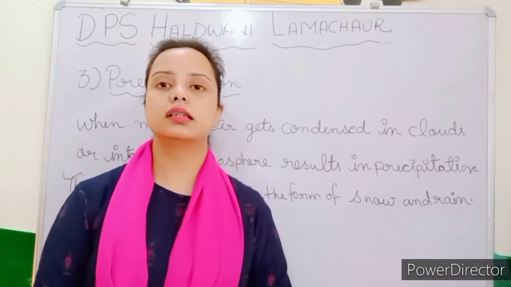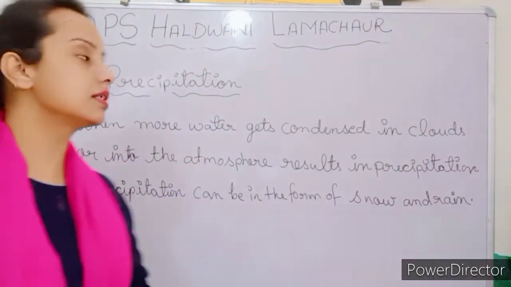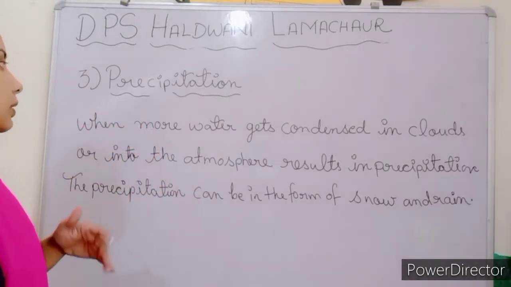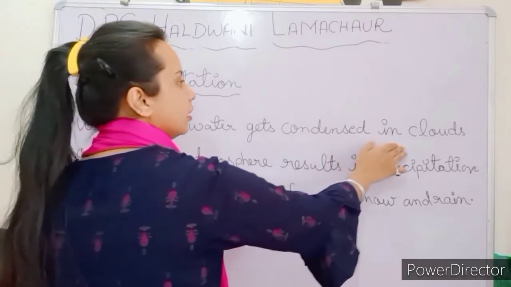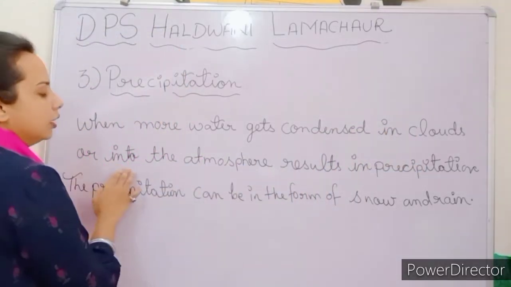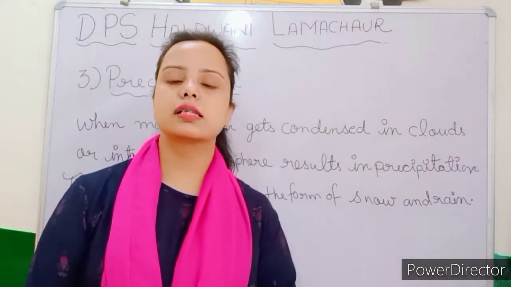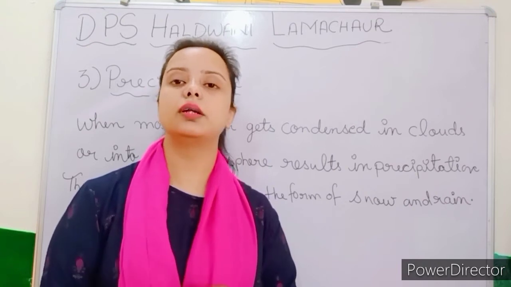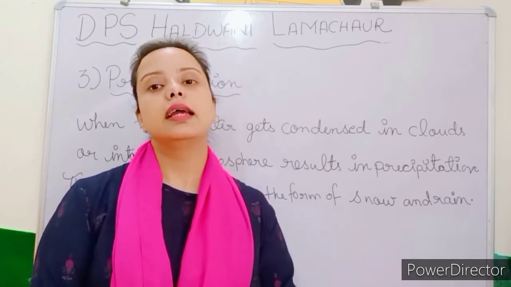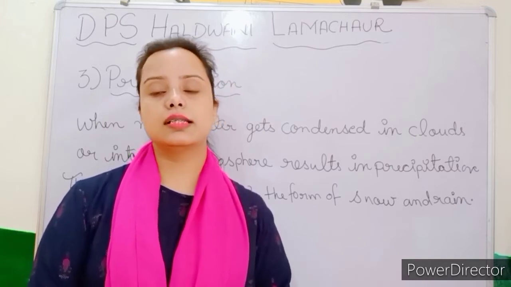So students, the third and last process involved in the water cycle is precipitation. So what is precipitation? When more water gets condensed in clouds or in the atmosphere. I told you, when the water evaporates and converts into the gaseous or vapor form, it goes into the atmosphere and to the sky.